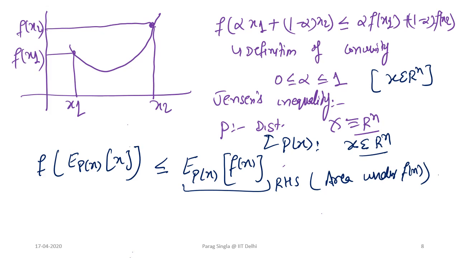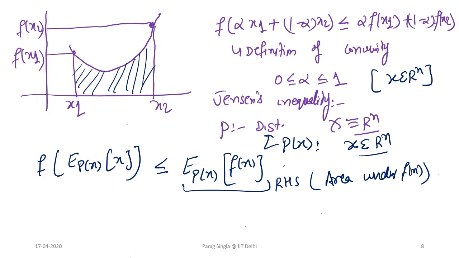On the other hand, this will be this shaded portion under the uniform distribution. And the left hand side is f evaluated at the expected value of x.